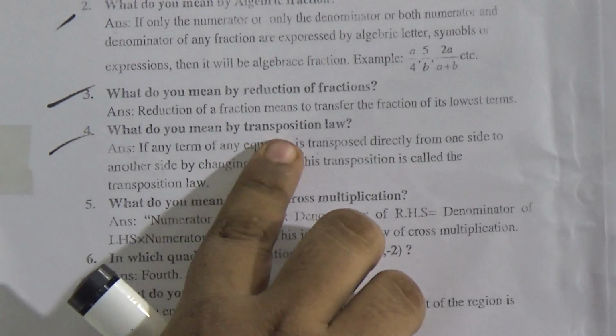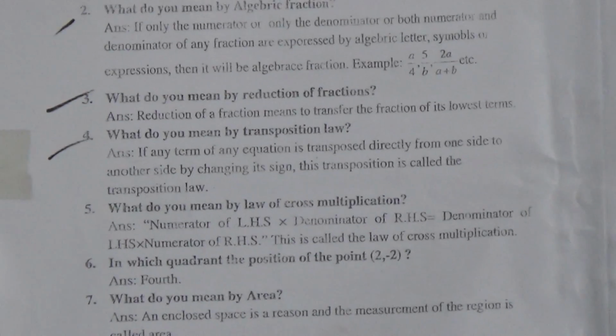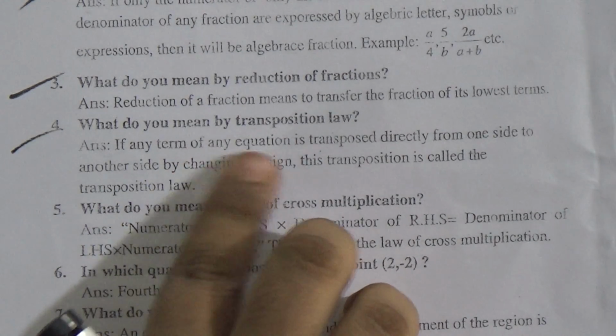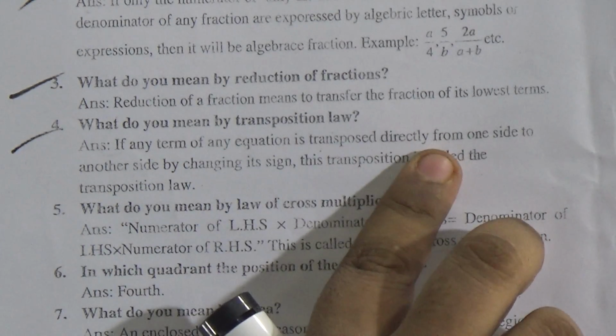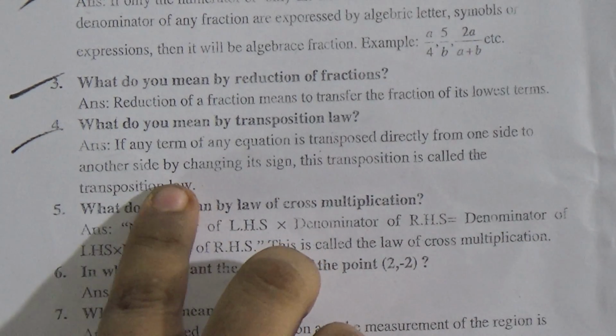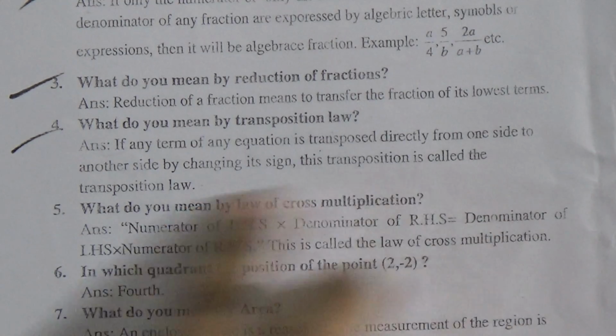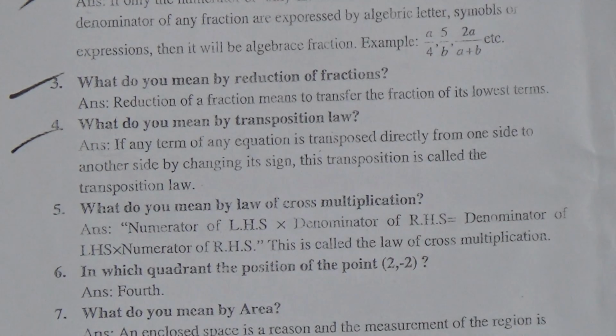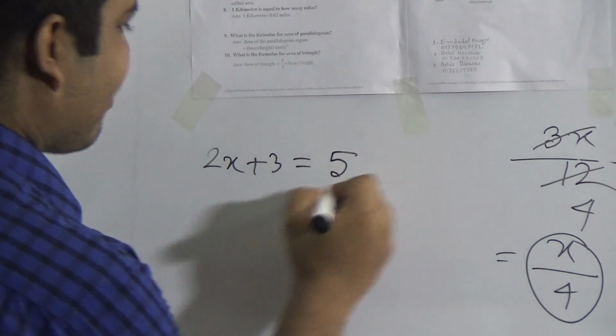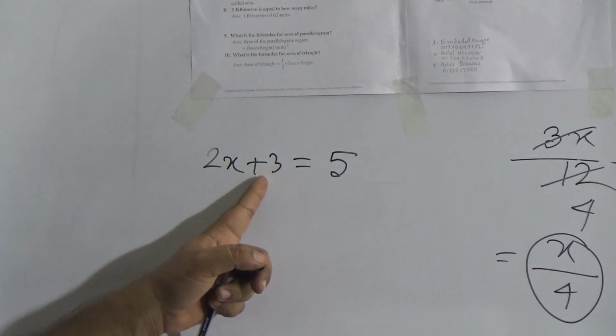Next, question number 4. What do you mean by transposition law? If any term of any equation is transposed directly from one side to another side by changing its sign, this transposition is called the transposition law. Please notice, 2x plus 3 equal to 5.